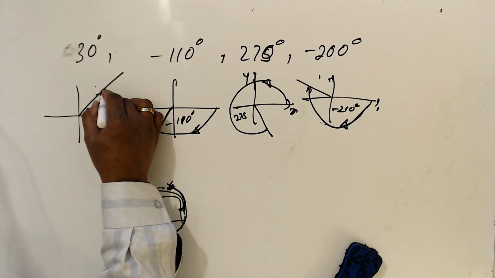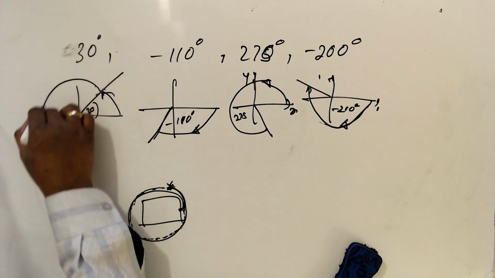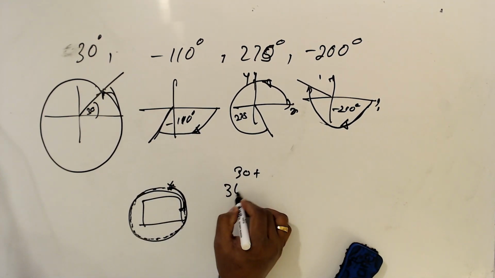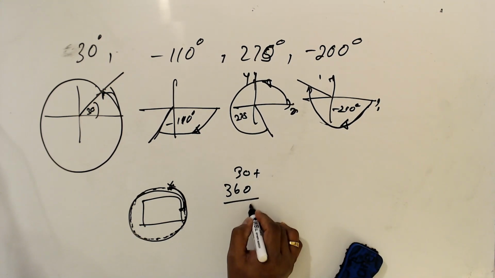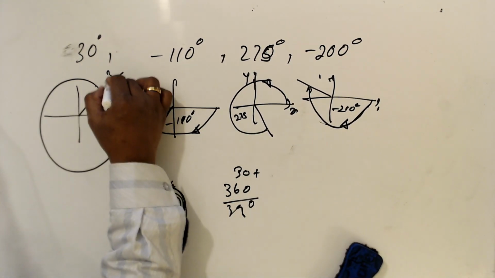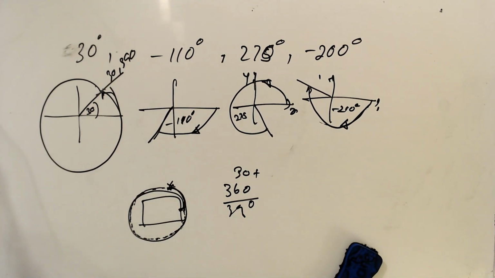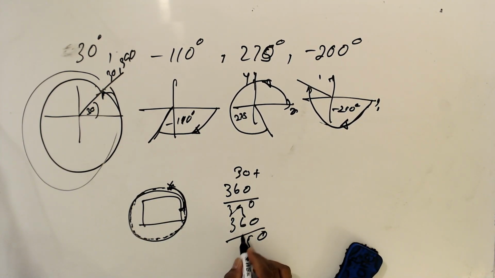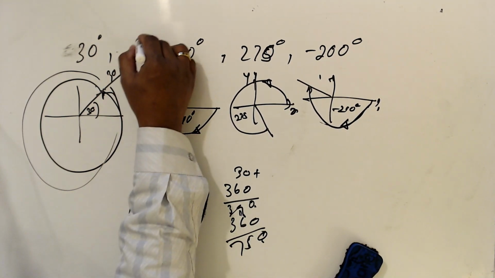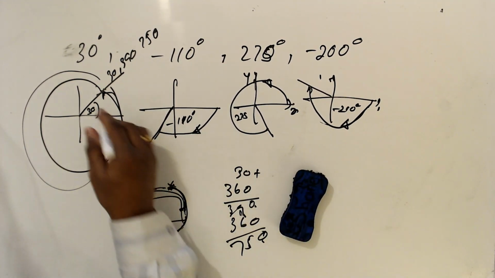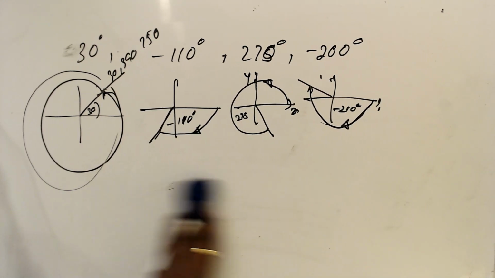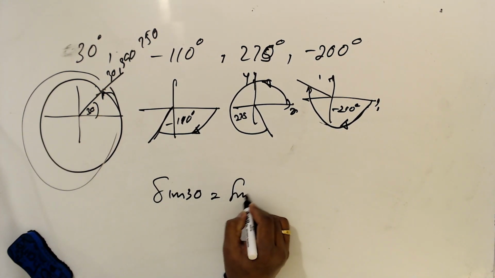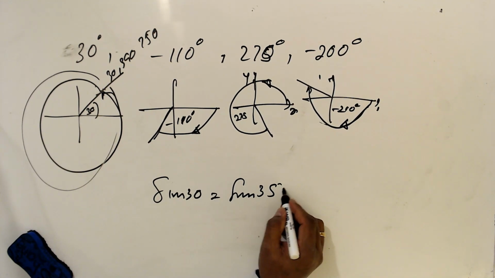Likewise, this is 30 and starting from here, you go one more round. Now 30 plus 360, right? So this is 390. So 30 and 390 have the same qualities. You go one more round, which is another 360, so this is 750, right? So it's still the same qualities. It means if you look at sine 30, that value is the same as sine 390.